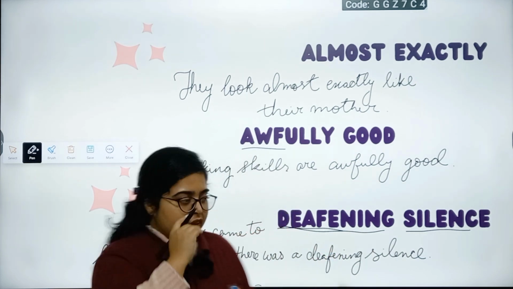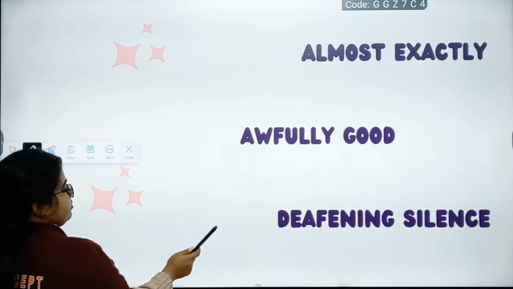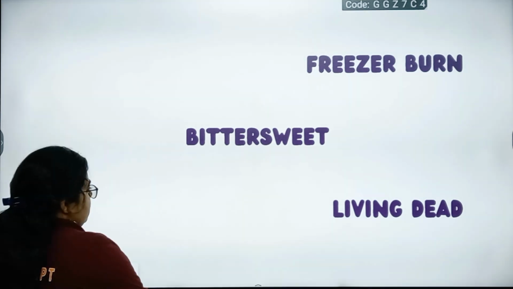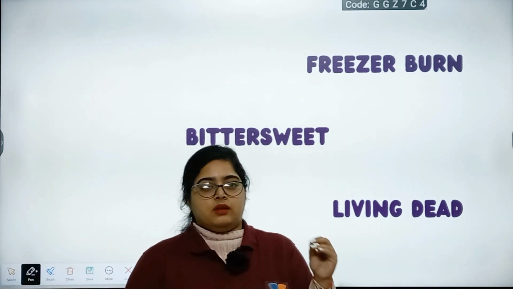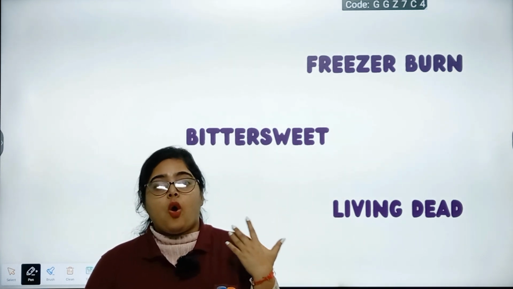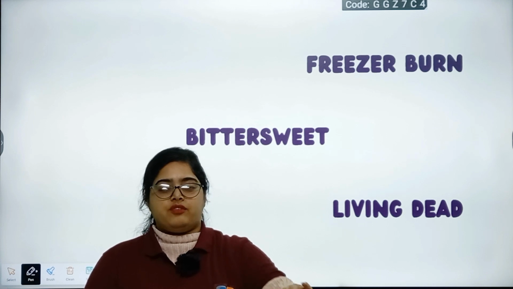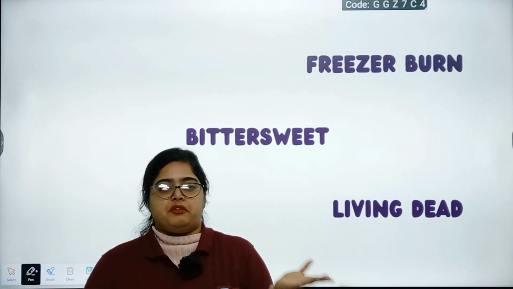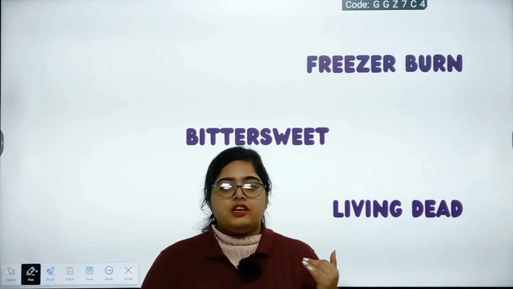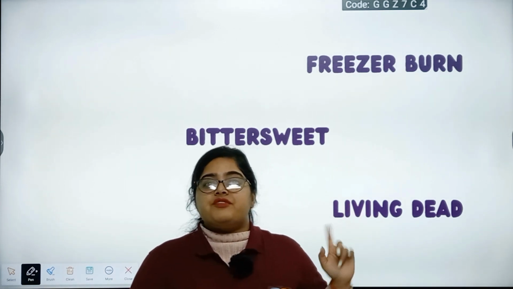Okay, next, freezer burn. Now, when you say burn, what does it mean? It means you burn your hands out of touching something very hot. Either you have touched any hot pan or any hot item, or you have touched fire directly. Then it will burn you, right? But what is a freezer burn?